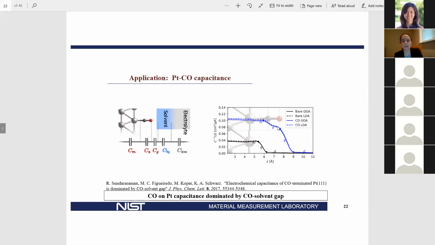Then there's a capacitance drop associated with the adsorbate, and then a very large capacitance drop associated with a gap between the O and the beginning of the water. So the CO on platinum capacitance is dominated by this CO solvent gap. And this is very interesting because it wasn't clear before this work was done whether the majority of the capacitance gap actually occurred across the CO bond. Instead, this is a story of the hydrophobicity of the system.